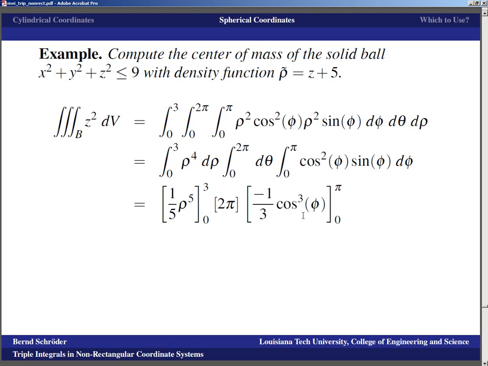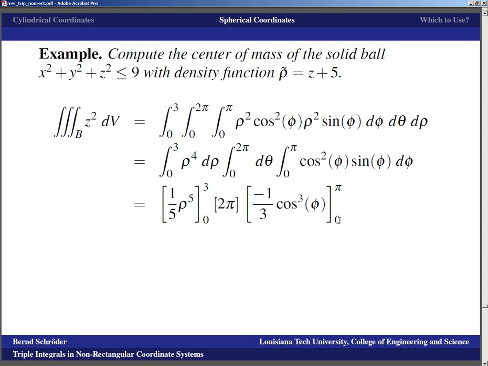Or whenever you read that, at least verify that, yes, when I take the derivative here, I end up with 3 times negative 1/3, so the 1/3 goes away, times cosine squared phi times negative sine phi, and the 2 minus signs cancel to give us really that this thing here is the antiderivative of what we have here.